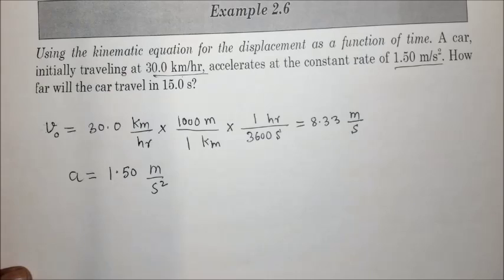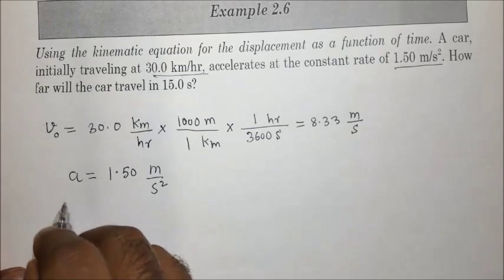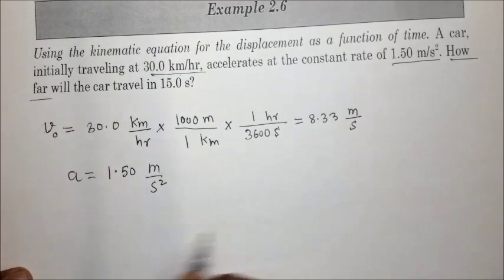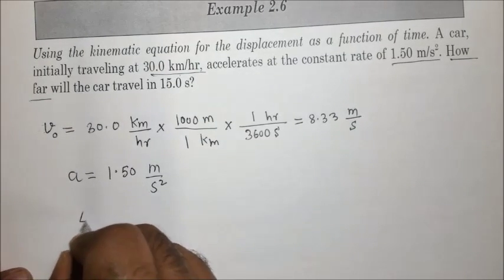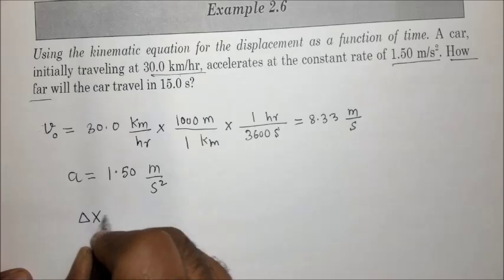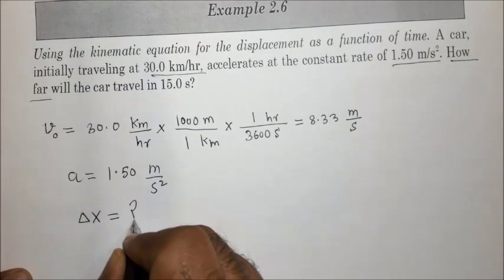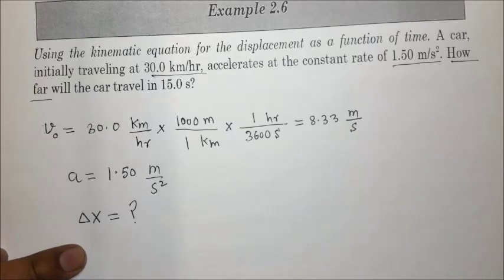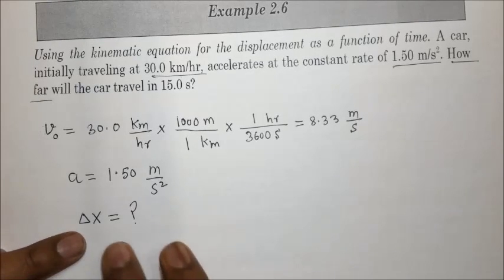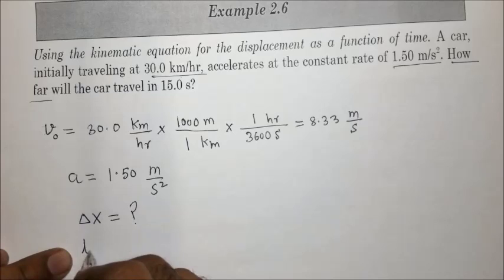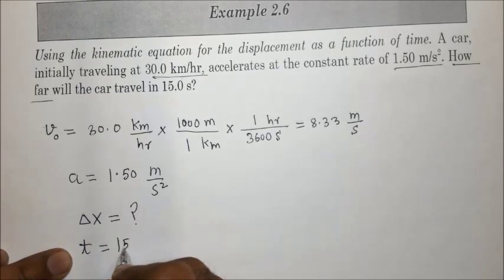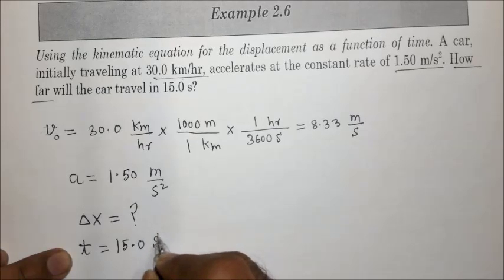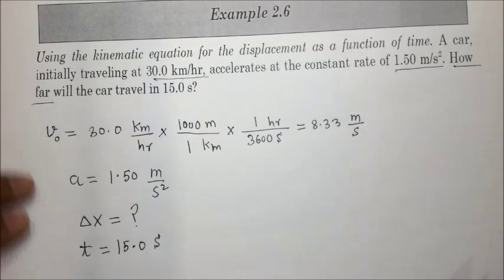How far will the car travel in 15.0 seconds? How far means we are looking for delta x, the change in position. And the time is given, 15.0 second.